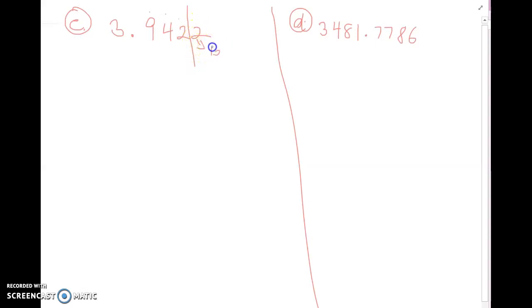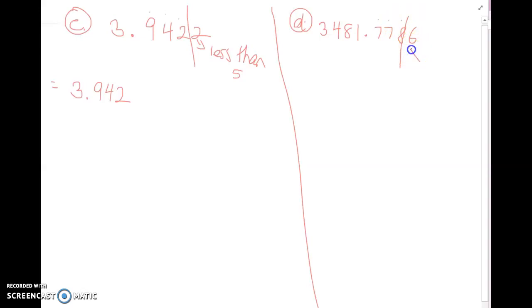Right, this is less than 5. So when it's less than 5, we're not adding anything, right? So my answer will just be, looking at all the numbers before the line, 3.942. And that's it. For D, again, locate your third decimal place. Decimal point is here. 7, first decimal place. Next 7, second. 8 is your third.